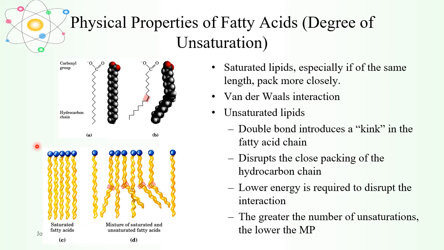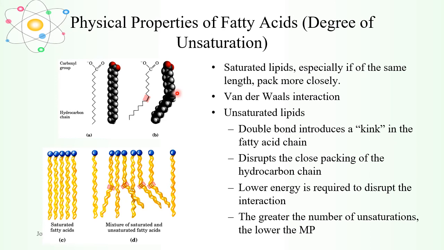In the solid form, recall, our atoms, molecules, or whatever it is we are talking about, are closely packed with each other. However, if there's now some unsaturation, recall that the unsaturation usually has a cis configuration. So there's now a built-in kink, if you will.